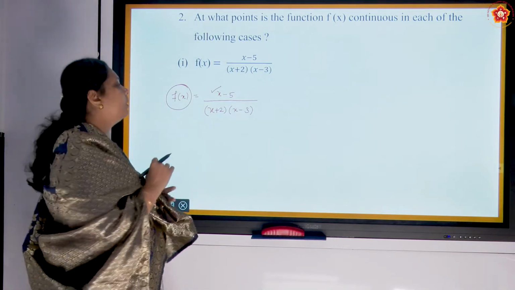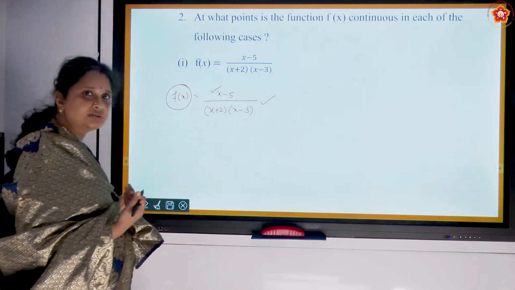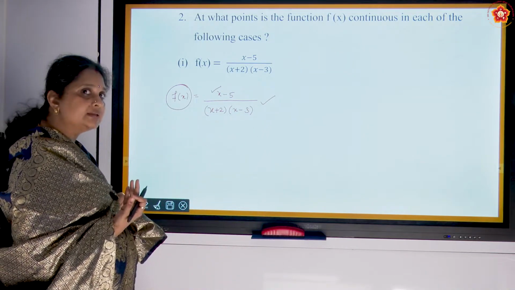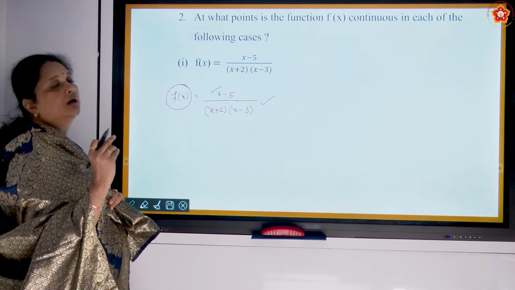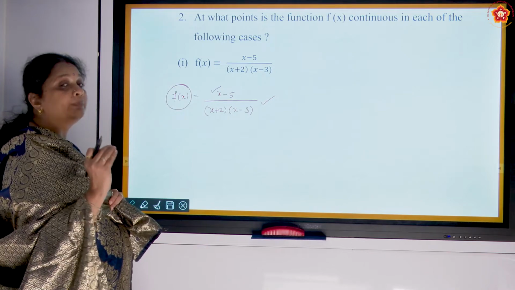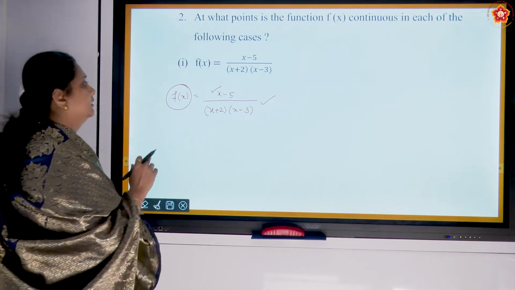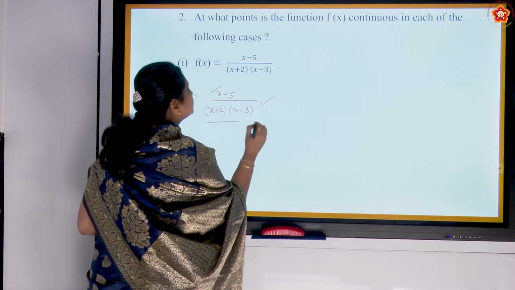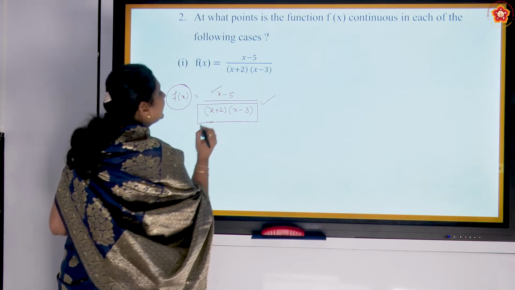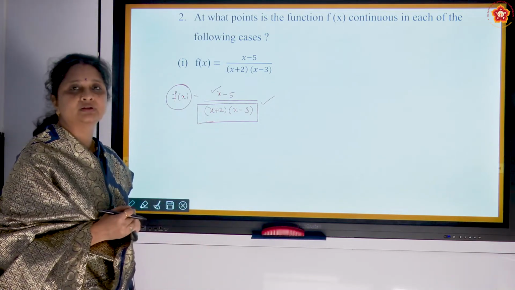All rational functions, the functions as fractions with polynomials in the numerator and the denominator, will not always be continuous in the entire real number system, because at certain points the denominator takes the value 0, and the function is not defined at that particular point.